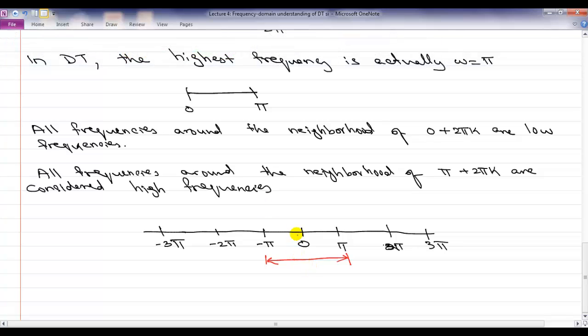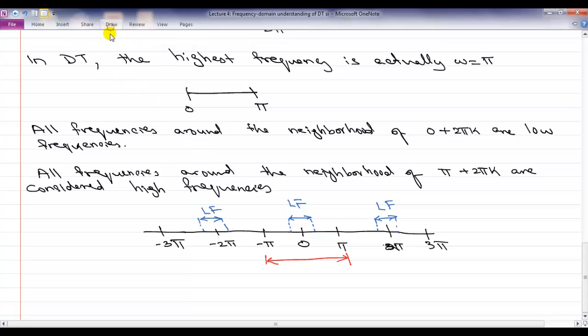And the other aspect is that discrete time frequencies effectively around 0, they are low frequencies. And not only around 0, but any integer multiple of 2 pi. So it means around any frequency that is around 2 pi, which is around minus 2 pi, they are all low frequencies, and they are exactly the same. They are not different frequencies.